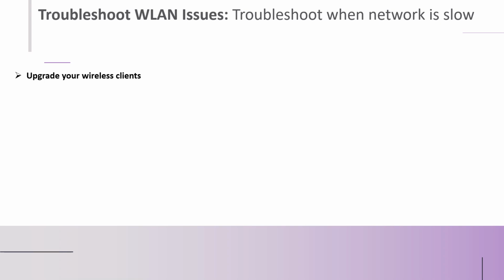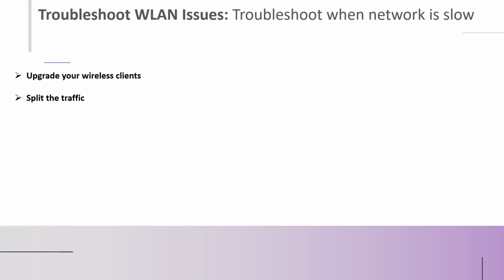Older devices such as 802.11b, g, and n can slow the entire wireless LAN. For the best performance, all wireless devices should support the same highest acceptable standard. That's why we have to upgrade our wireless devices.